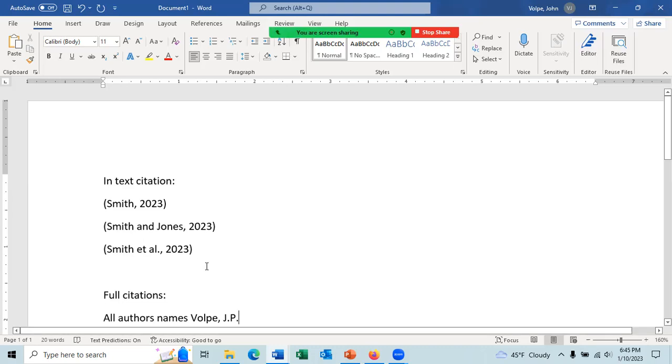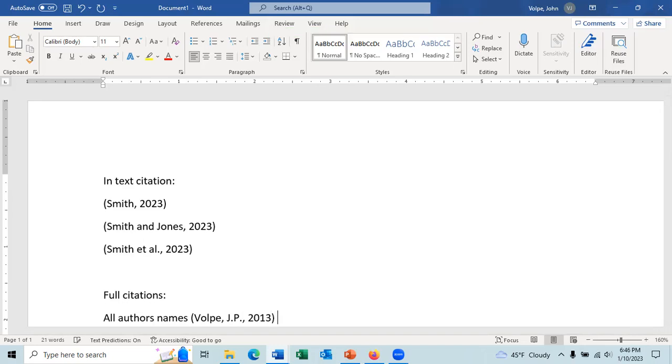Okay, so you give all the authors' names. Don't ask me why I gave you mine, but I just did. And then you would give the year. You also have to give, if it's a publication, the article name and where this is from.